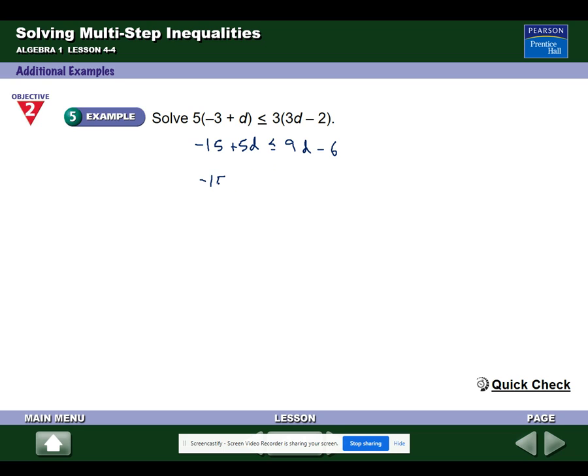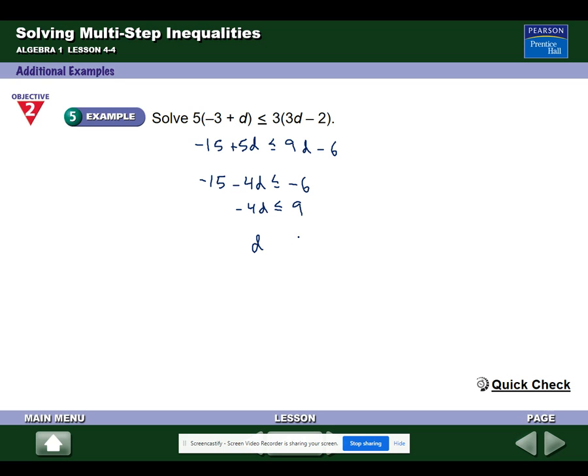This is negative 15 minus 4d less than or equal to negative 6. Add 15 to both sides, and you'll have negative 4d less than or equal to, what do we do? We added 15, so positive 9. So dividing by negative 4, ding, d.